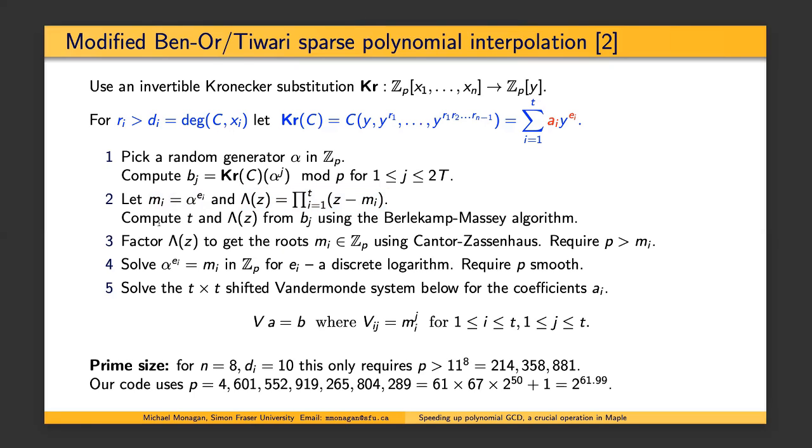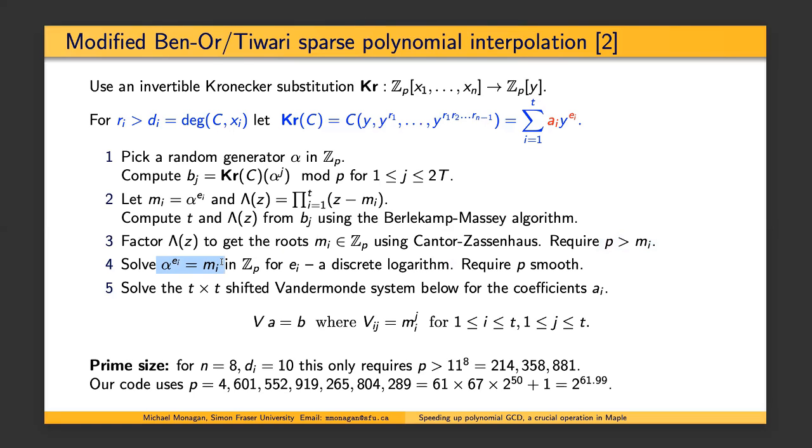We use the Berlekamp-Massey algorithm again to determine t and lambda of z, and then we factor lambda of z to get the roots using the Cantor-Zassenhaus algorithm. Now, in order that the roots are distinct, we need that the prime is bigger than the mi's, alpha to the ei. Once we've done that, we are trying to get the exponents.